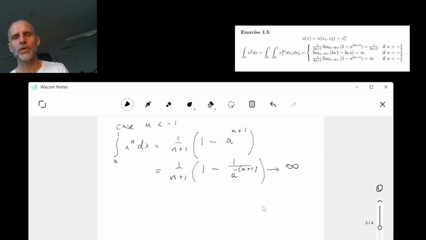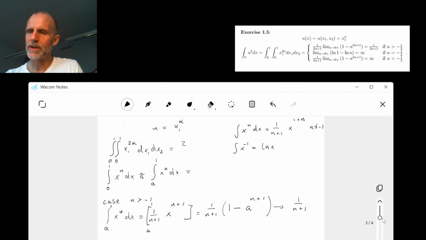Maybe a little bit difficult to see, but try to think about this for yourself. So what's happened here is that we had the situation when n was larger than minus 1.